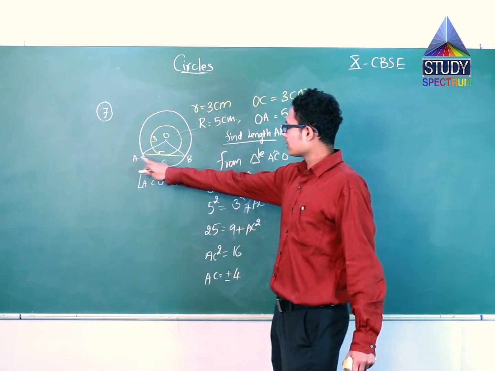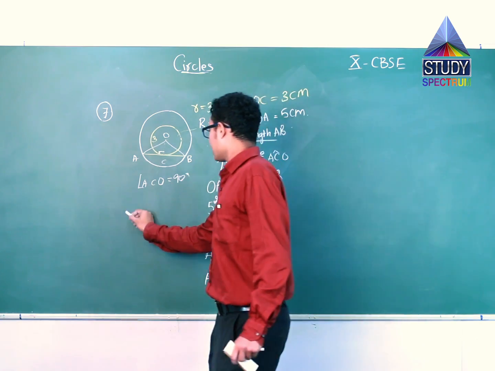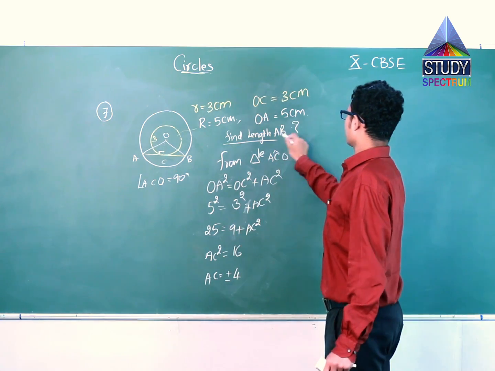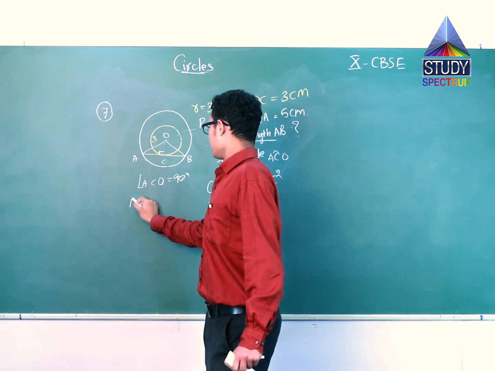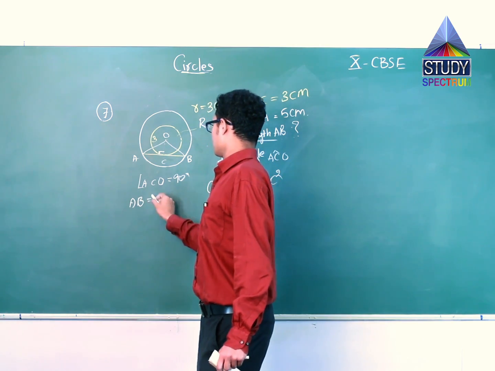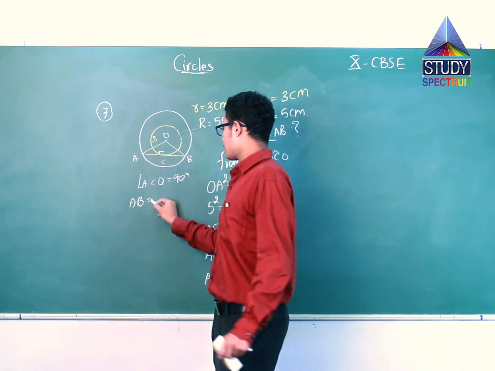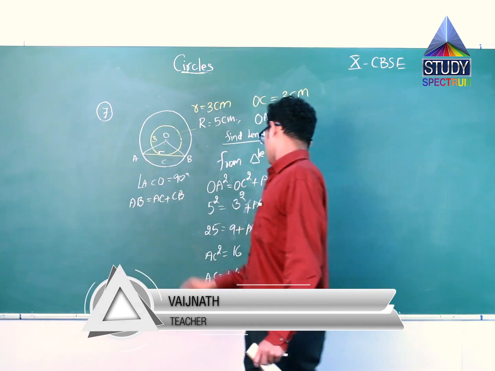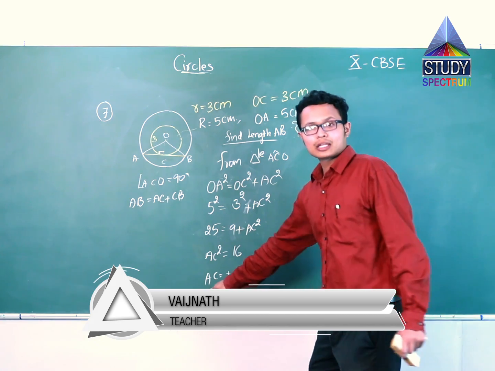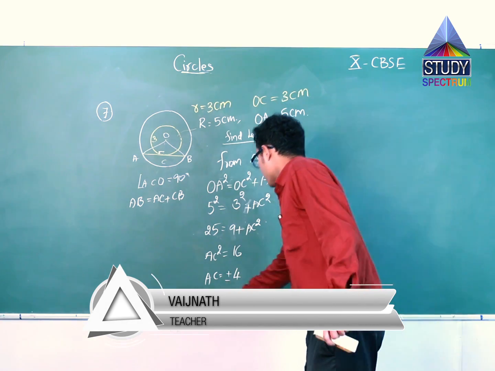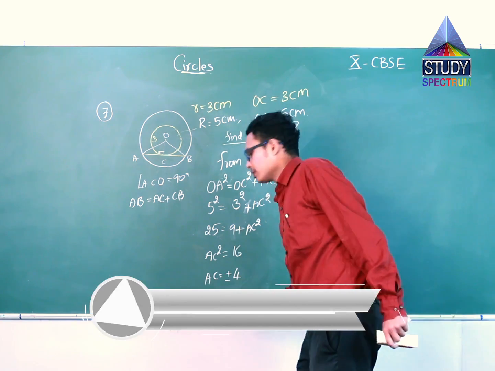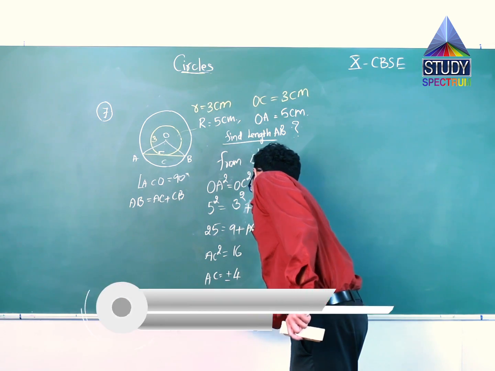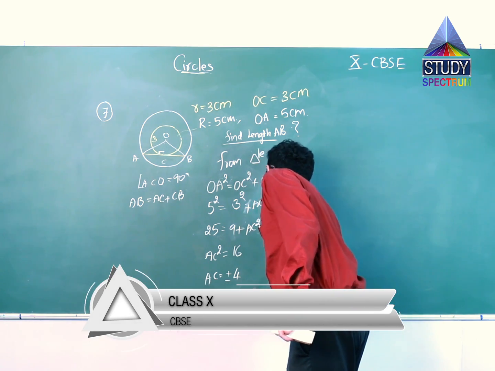I have to find the length of AB. Therefore AB is AC plus CB. Since length cannot be negative, we take AC as 4 centimeters.